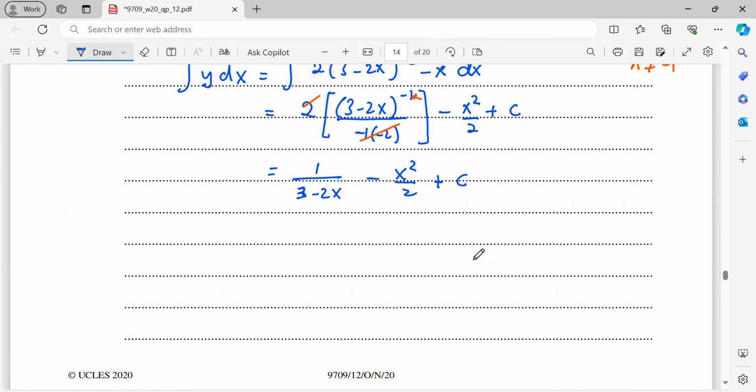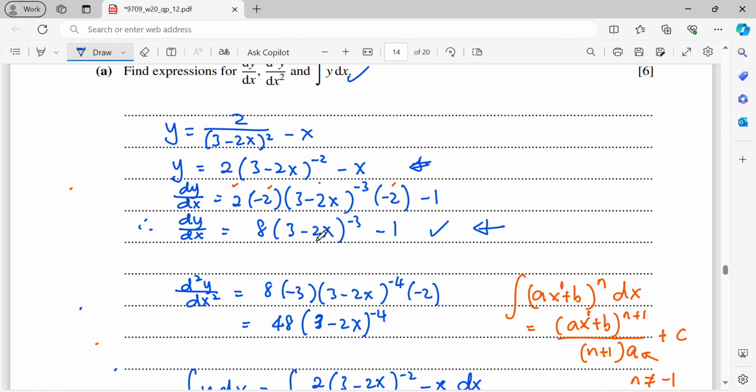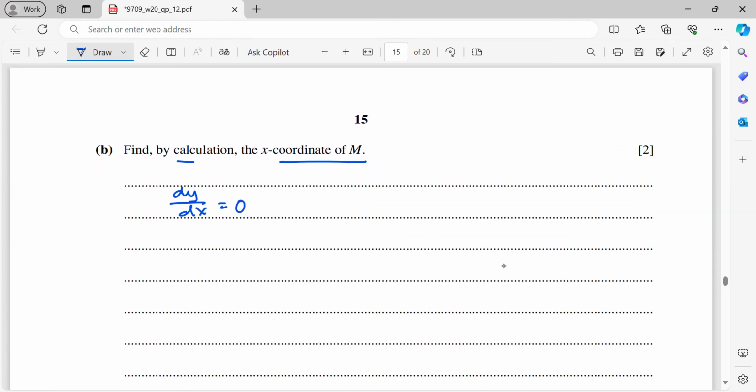That means 8 times (3 minus 2x) to the power of negative 3, minus 1, equals 0. So before I solve this, I will move down the (3 minus 2x) cubed because of the negative degree. So I change to 8 over (3 minus 2x) cubed.